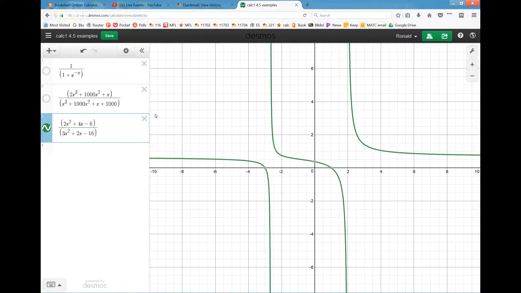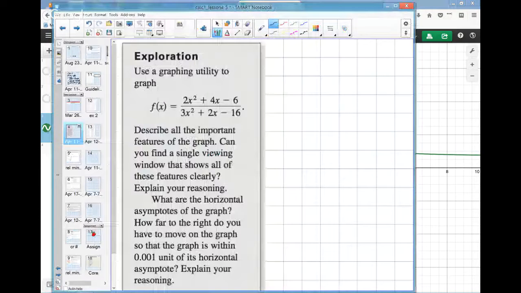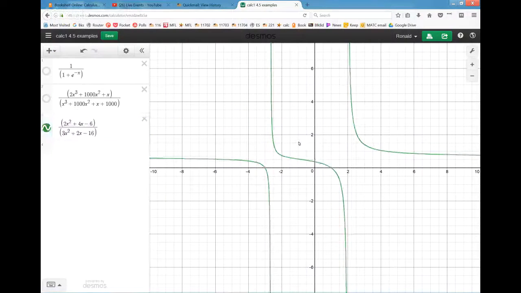Now the question: describe all the important features of the graph. Can you find a single viewing window that shows all of the features? I think we can see the major features of the graph right now.